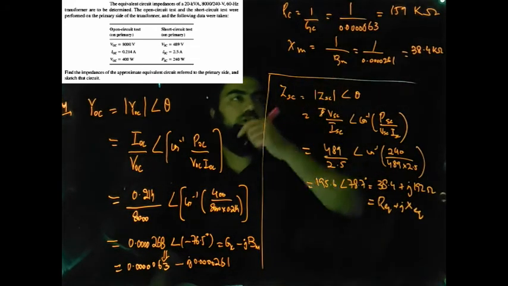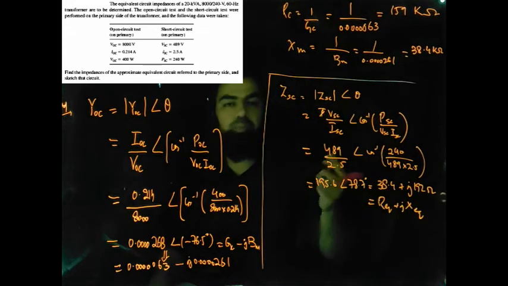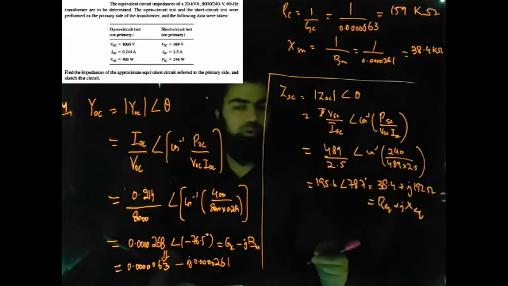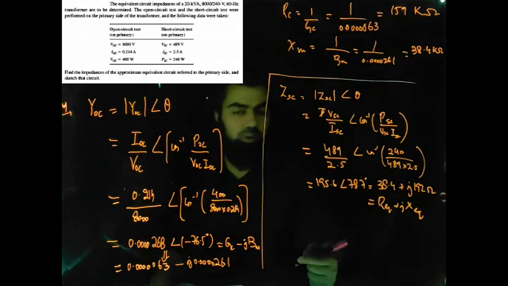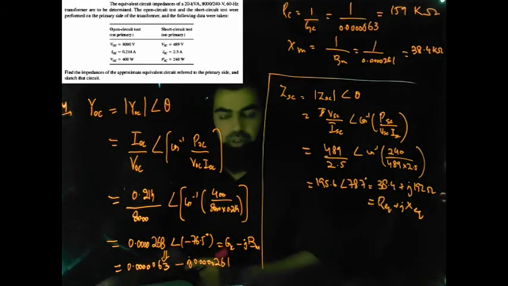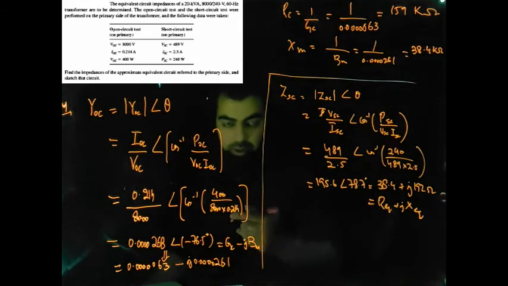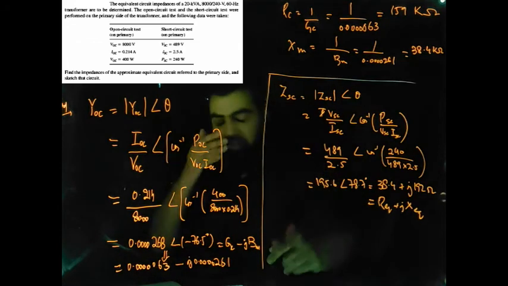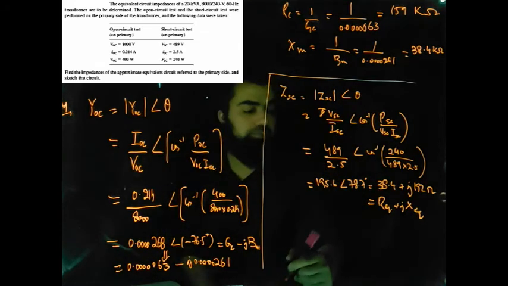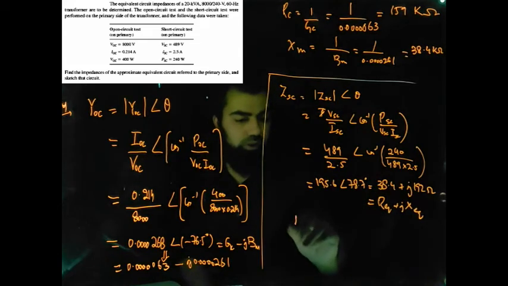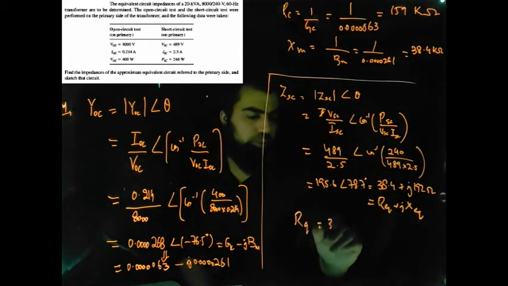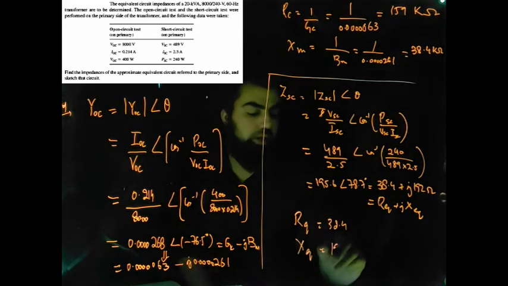As compared to RC, which is 159 kilo ohms, RP and RS are very less in magnitude, and they have to be very less because we do not want the copper loss, I squared R, to be very high. So naturally, the resistance of the primary and secondary windings is relatively less. So R equivalent is therefore 38.4 and X equivalent is equal to 192 ohms.